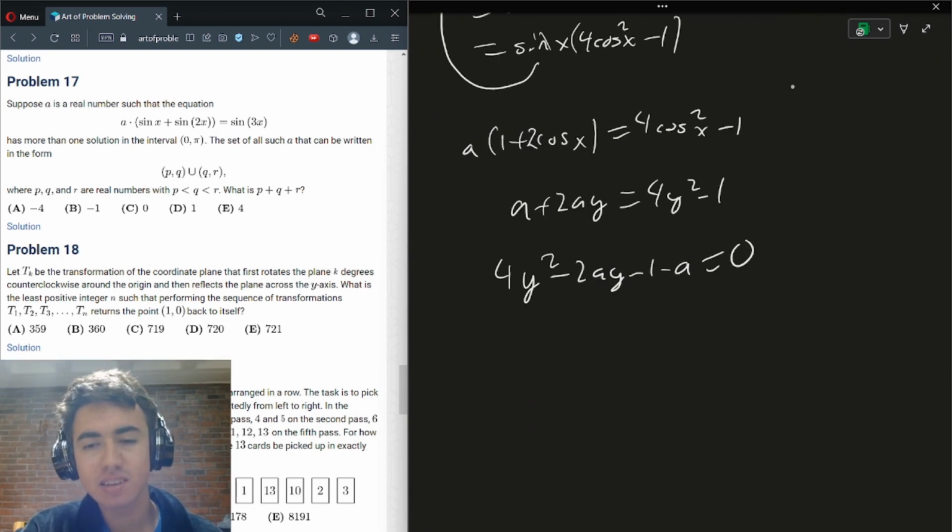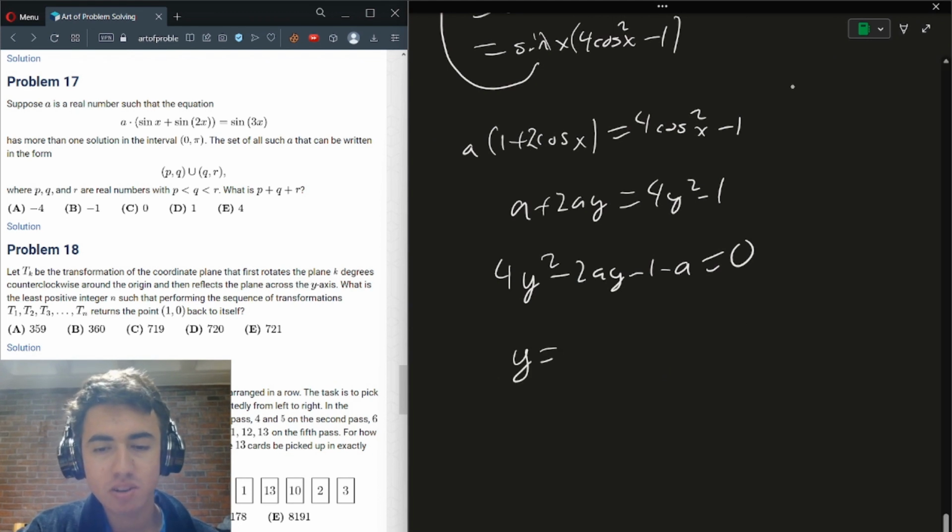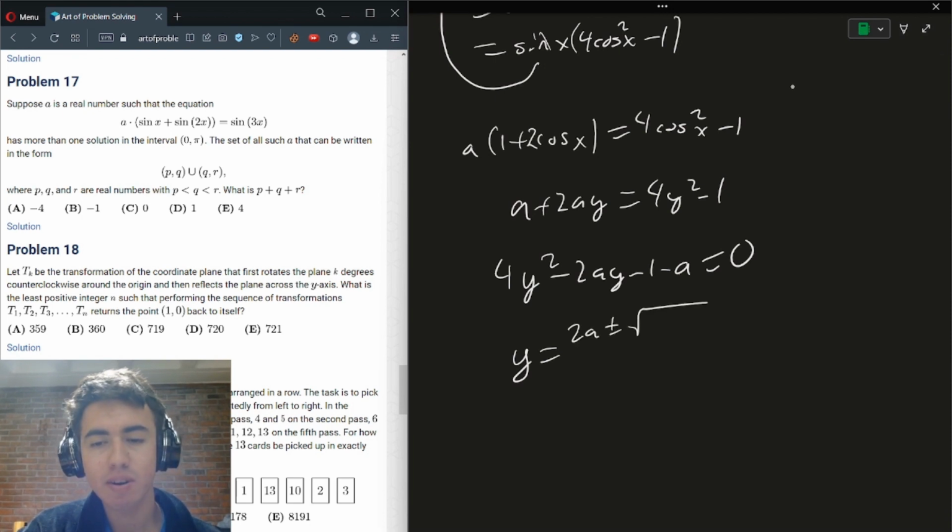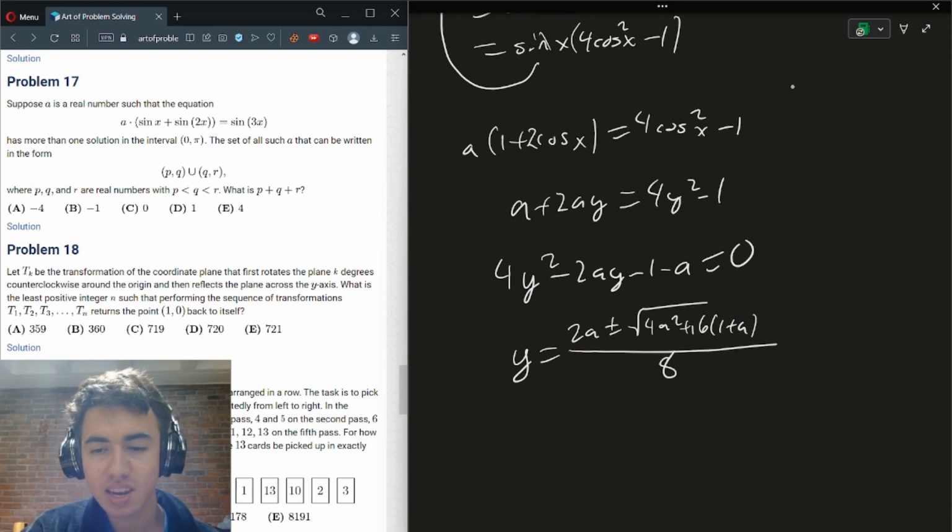And since this is a quadratic equation, we can just use the quadratic formula to solve for y. So we get y is equal to negative b, which is 2a, plus or minus the square root of b squared, which is 4a squared, minus 4ac, which is 16 times 1 plus a, and then all of that over 2a, which is 8, right?